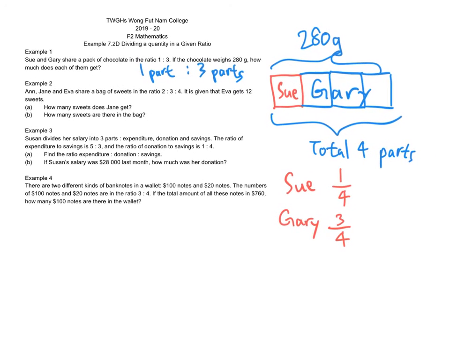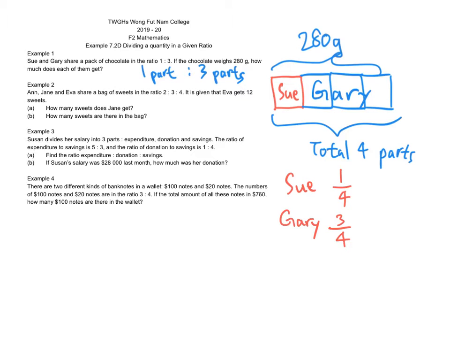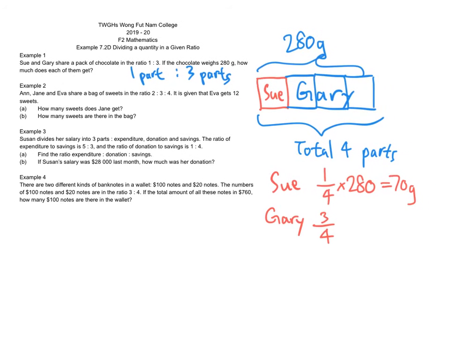So the weight of Sue's chocolate will be 1/4 times the total weight, 280. So we get 70 grams. For Gary, 3/4 times 280, he may receive 210 grams, and that's it.